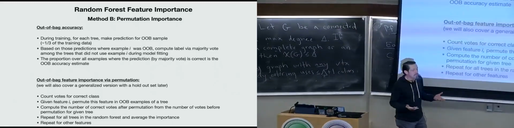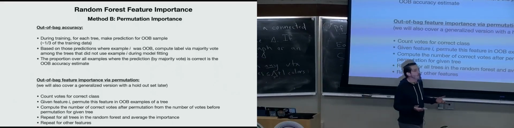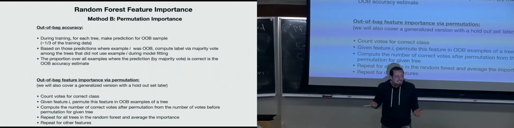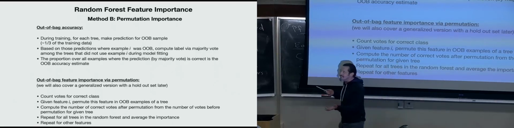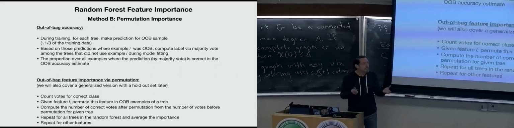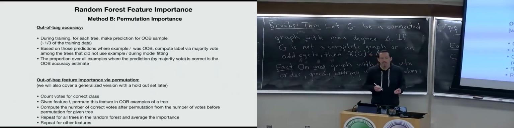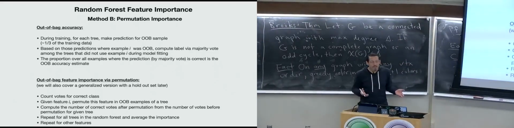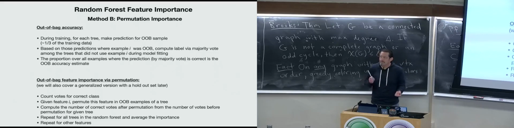Now, sadly, permutation importance is computationally expensive, because what you're going to do is leave out a variable, do all of your training or cross-validation or whatever it is you're doing, see what your performance metric looks like, then leave out a different variable and do it again. So if you leave out variables, the most important ones are the ones where you see huge drops in accuracy when you leave out one of the variables, right?